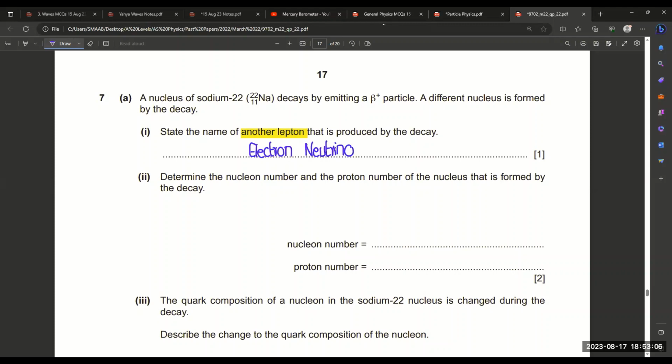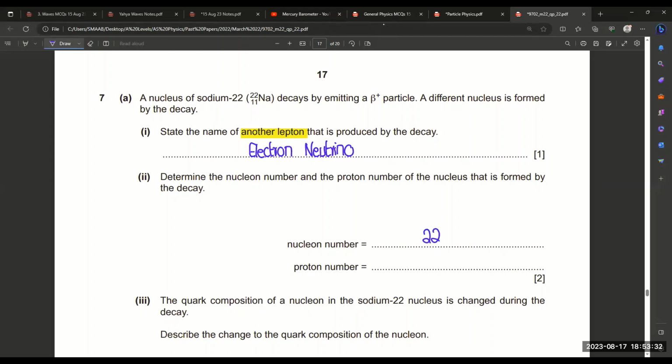Next part, determine the nucleon number and the proton number. Now you can see this question is a very basic question, just like your IGCSE. So what is the nucleon number? The nucleon number is the number of protons and neutrons in the nucleus. So it's going to be 22, and then the proton number is going to be 11.